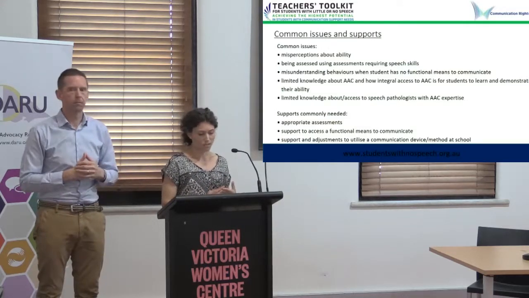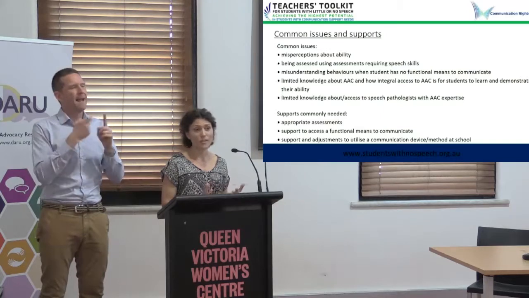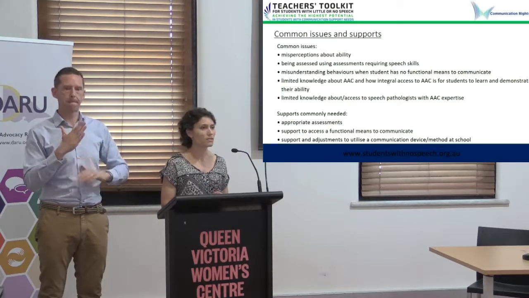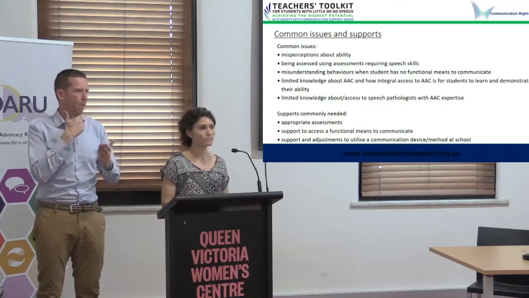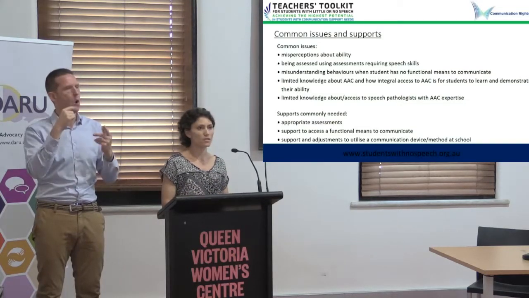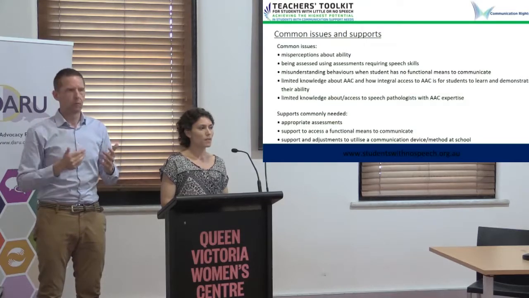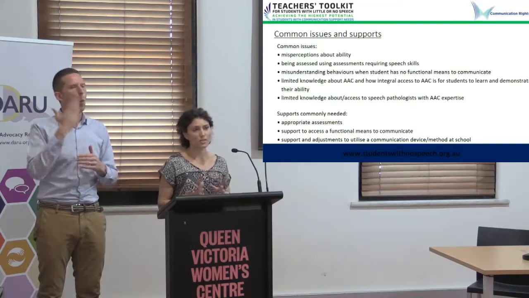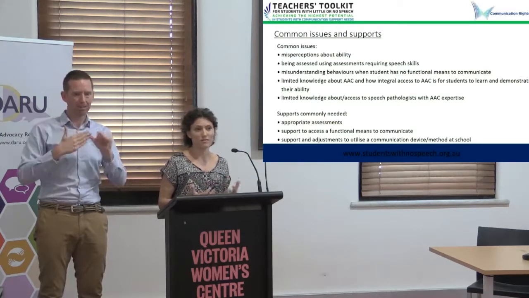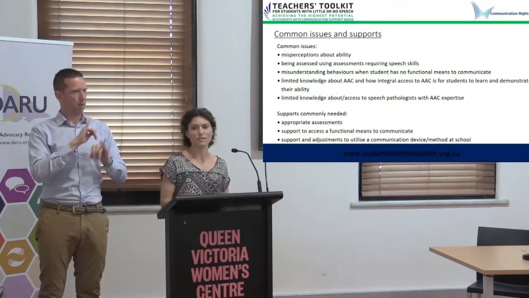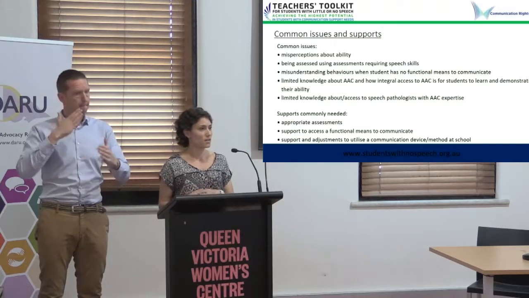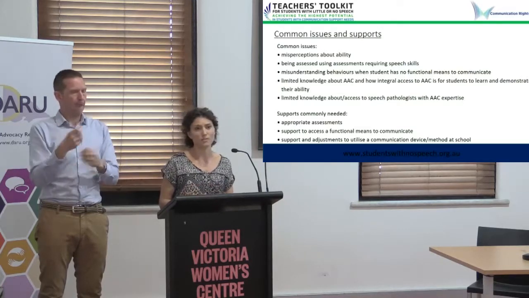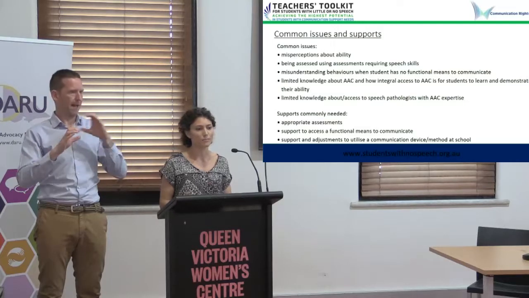Other key messages are around behaviour as a form of communication. A lot of issues, as I'm sure everyone's aware of, with schools responding to students' behaviour in non-productive ways, and students behaving in a way because they don't have access to a functional means of communication.